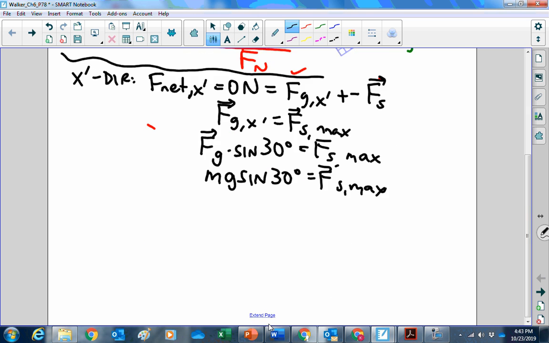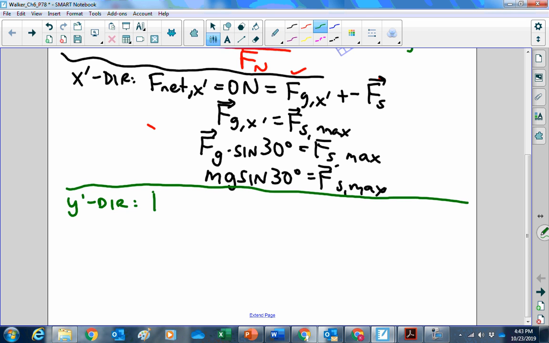And then in the y direction, also the forces are all canceling. This crate or box is not accelerating down into the ramp, and it's not accelerating up into the air. So that means that the y prime portion of gravity, which I would usually say is down is negative, must be canceling with the normal force.